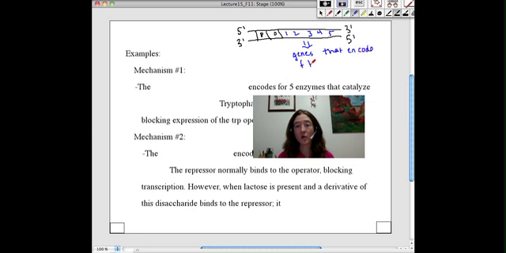So recognizing that, we might say to ourselves that if tryptophan is needed, then those genes are on. If tryptophan is not needed, then those genes should be turned off. So we can see this coming, can't we? Tryptophan is going to be the co-repressor of the repressor.